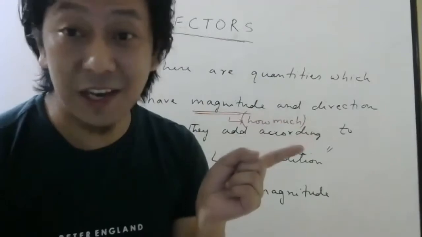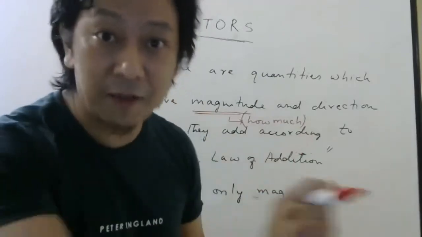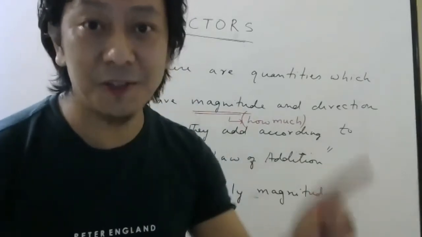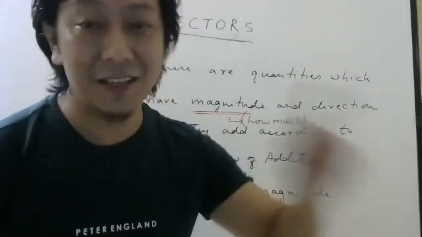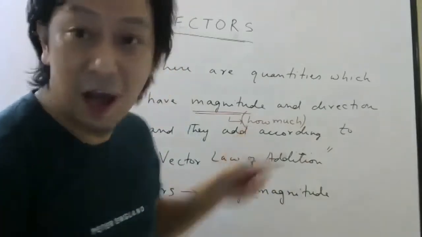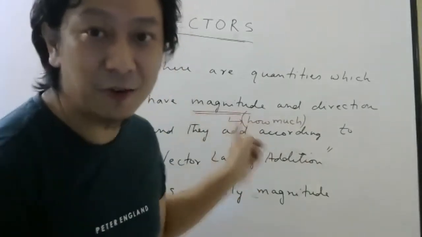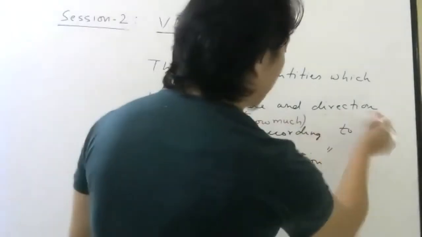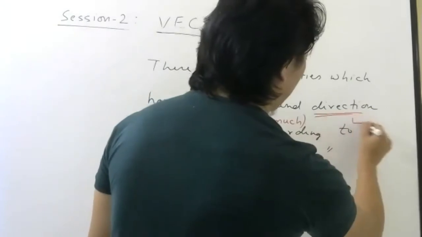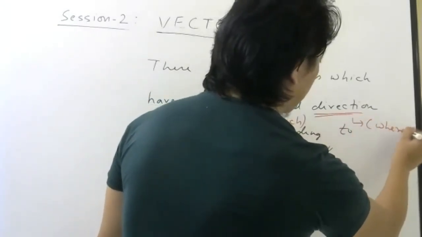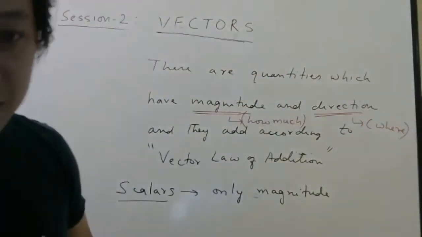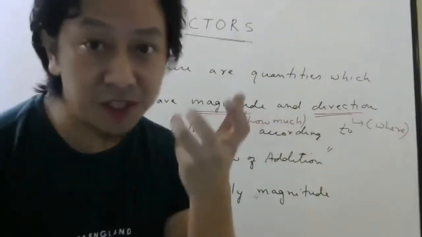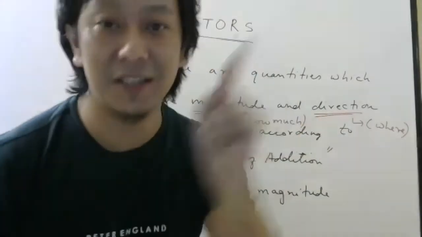Understood? So when I was telling you before, I am applying a force of 5 Newton towards east. That means 5 Newton is the how much, right? How much means magnitude. 5 Newton is the magnitude. Towards east means direction. Direction means where it is pointing. Okay, students, so keep this in mind. Magnitude will tell you how much is there, direction will tell you where it is.